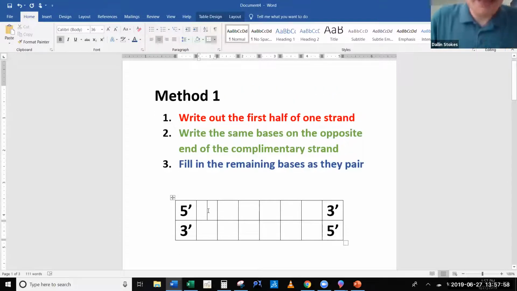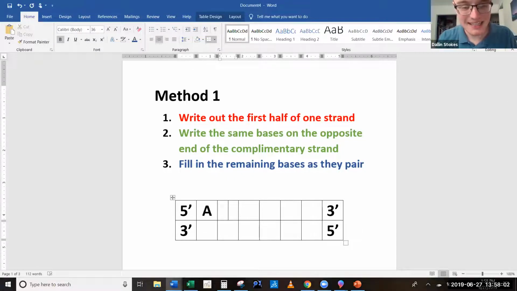Okay, 5' to 3'. Let's go A, C, G. So write out the first half of one strand, A, C, G. Write the same bases on the opposite end of the strand, complementary. Go in the opposite direction. So A has to go next to the 5', C then goes there, and G has to go there.